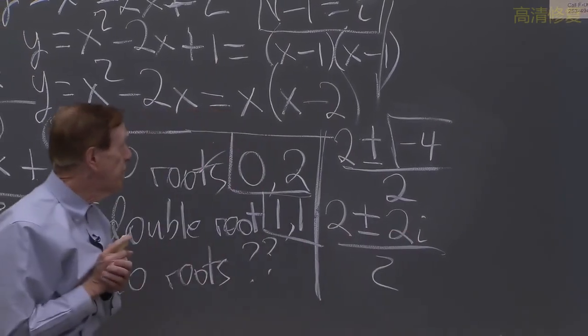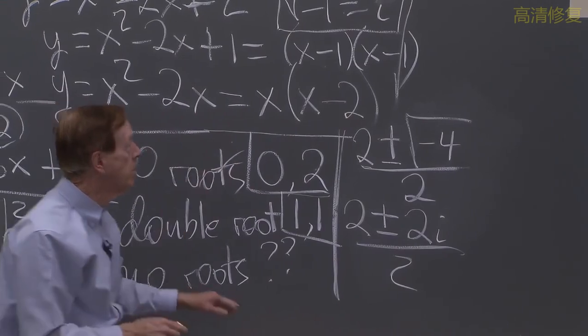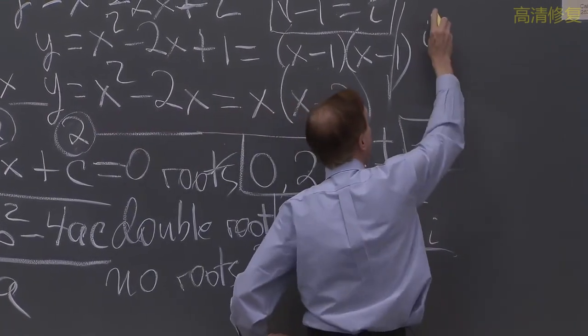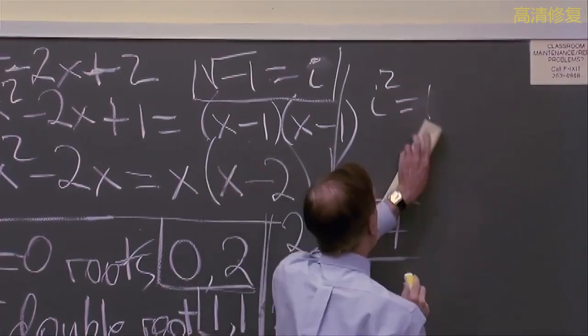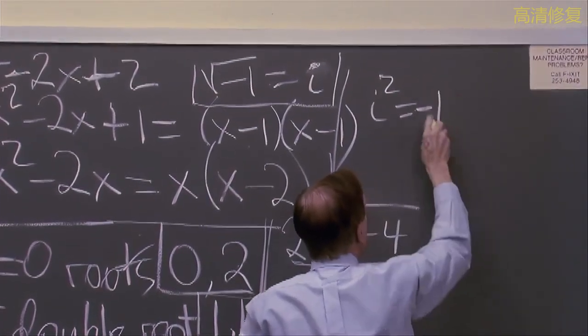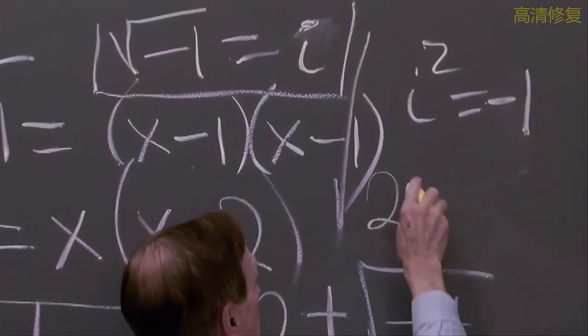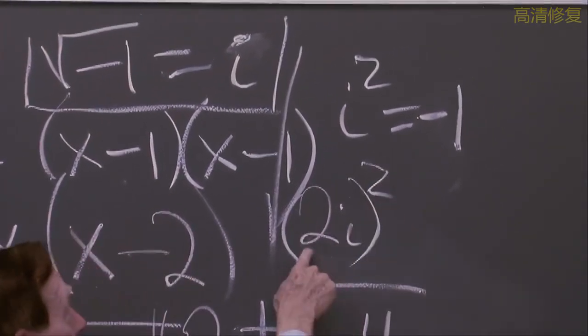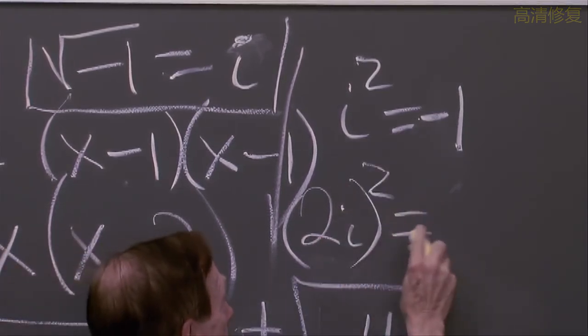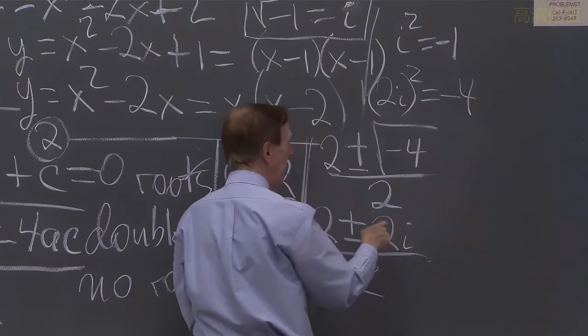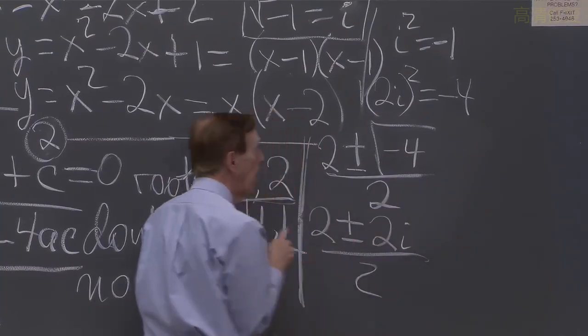What is the square of 2i? i squared is minus 1, I can put up here, i squared is minus 1. And 2i squared, so I have the 2 twice, that's the 4. The i squared is the minus 1, it's the minus 4. That's what I wanted. That's why that square root is 2i.